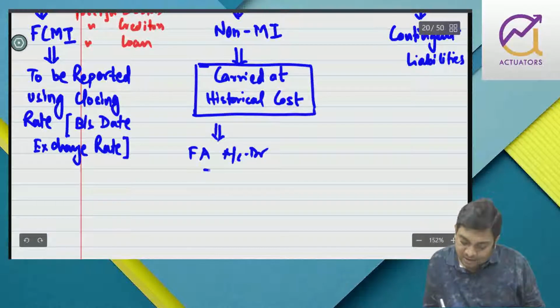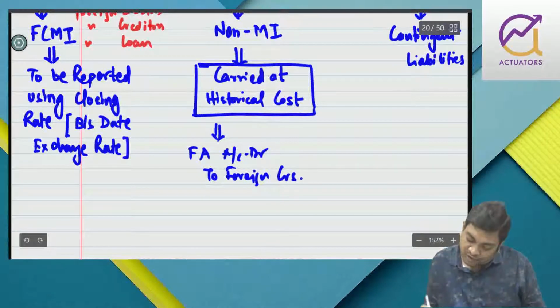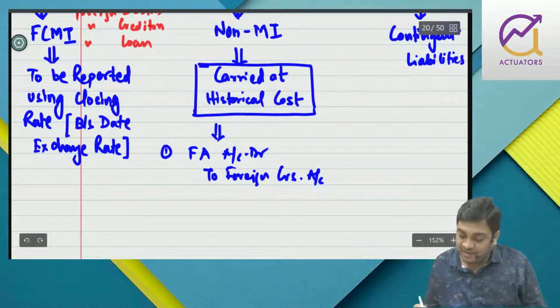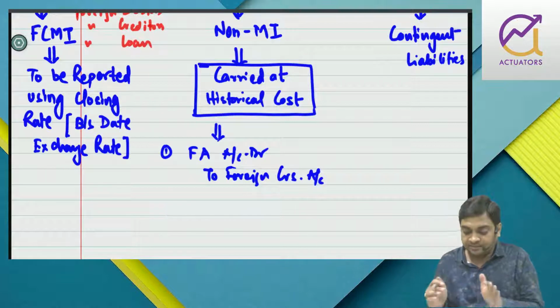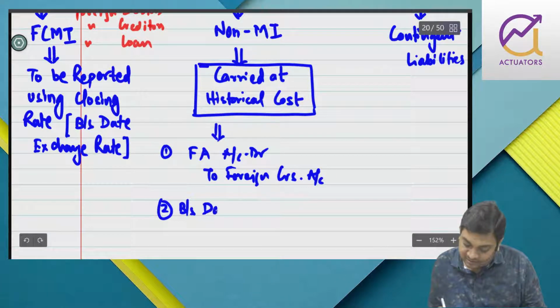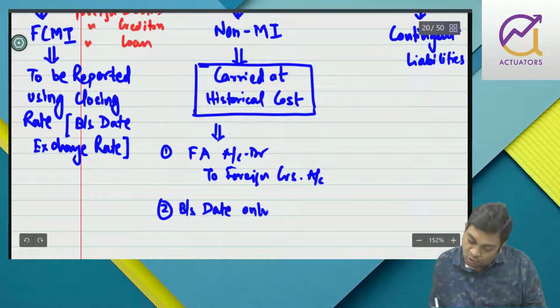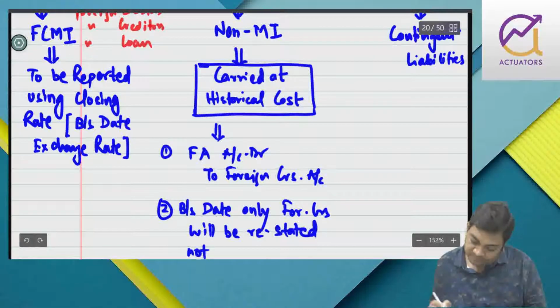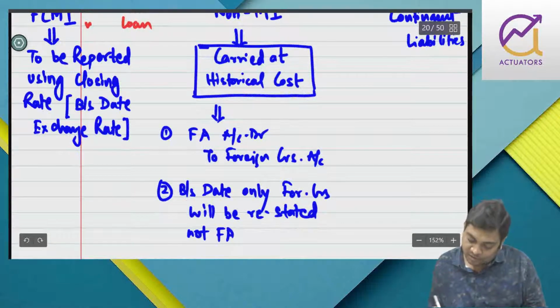Fixed asset account debit to foreign creditors, and initial recognition will be done using the spot rate. Now on the balance sheet date, only foreign creditors will be restated, not fixed asset.